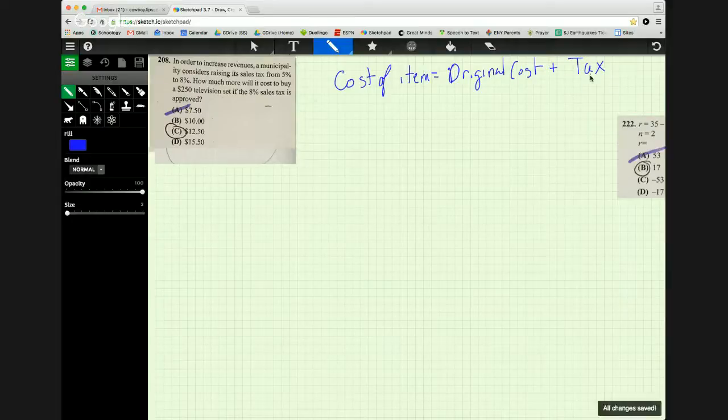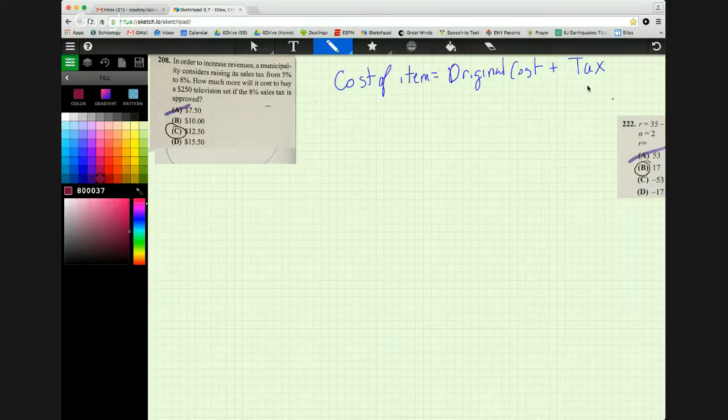And tax is usually expressed as a percentage.